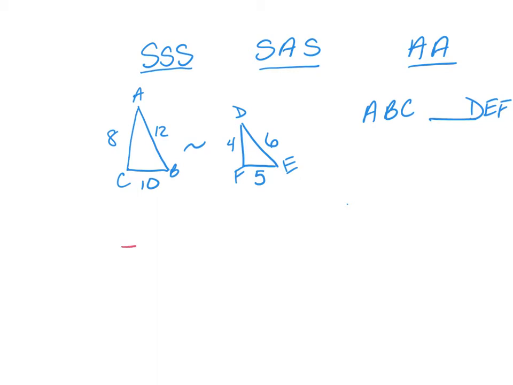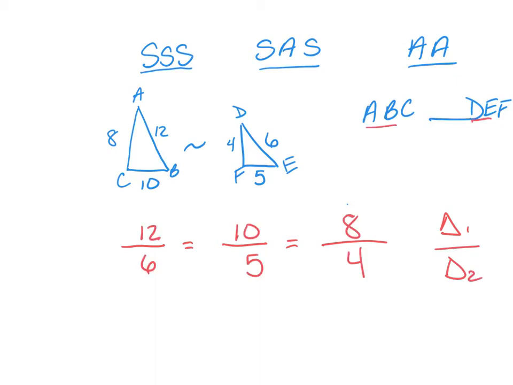We are going to set up a proportion where triangle 1 is on top and triangle 2 is on the bottom. Everybody get that? I put triangle 1 on top and triangle 2 on the bottom with the numbers they go with, and we do it just like we did before, where you put the D, E, F underneath. So AB goes with DE, BC goes with EF, and AC goes with DF, same as before.